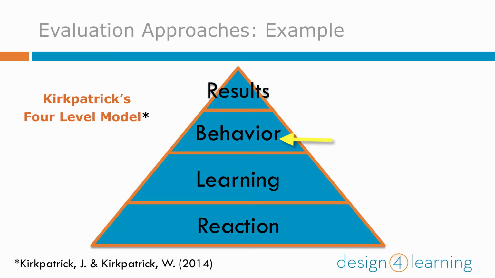You could conduct a survey months after the instructional intervention to see whether the learners are actually applying the new knowledge and skills on the job. This would get at whether the learning transferred to the work context. Results are measured in terms of long-range impact, like better performance on the job, greater productivity, and job satisfaction.